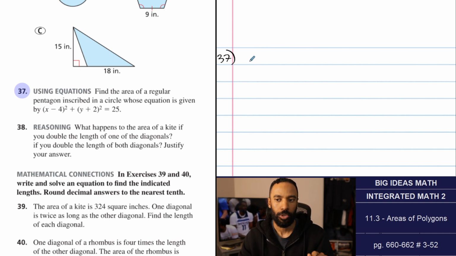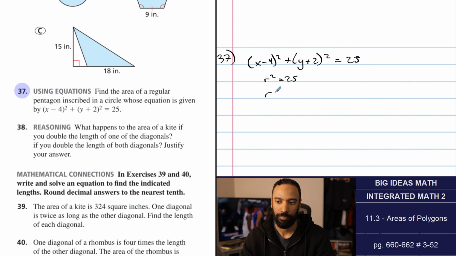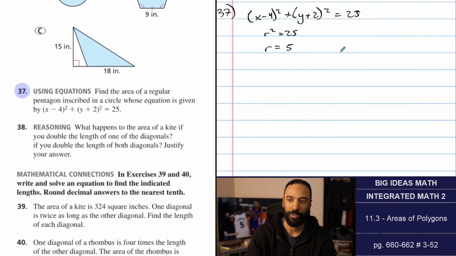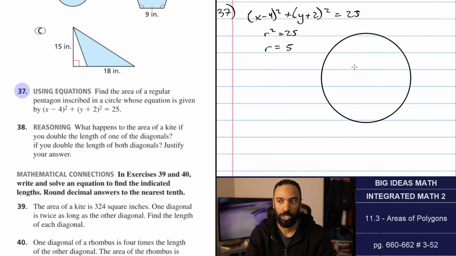That doesn't matter. The radius of the circle for (x minus 4) squared plus (y plus 2) squared equals 25 is based off this 25. R squared is 25, therefore R is 5. The radius of the circle is 5, and for what we're going to do, I don't need to graph this. I just needed the radius. We're done after that.